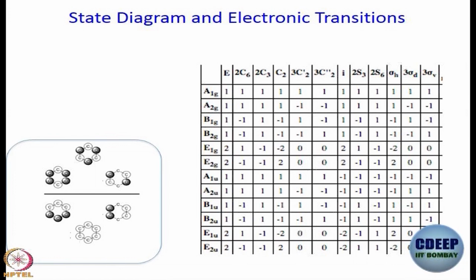So, what is it, A or B? Has to be A, right, 1 or 2 that we will see. G or U, that we can say very easily, G or U, U. So, we do not even look at these, we look at these, okay. C2, with respect to C2, what will it be, plus or minus?